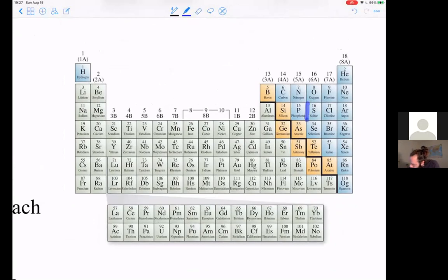Okay, so if I'm looking for the element with atomic number 16, that's right here. So that's S for sulfur. And then the last question I could ask is, how many protons does sulfur have? Again, you got to know that atomic number is the same thing as number of protons. So it has 16 protons.